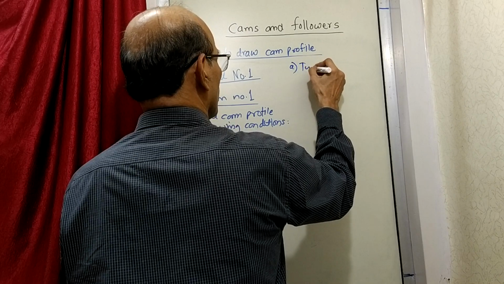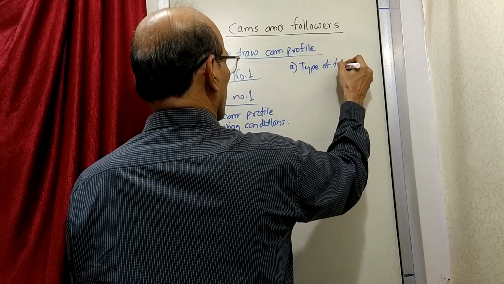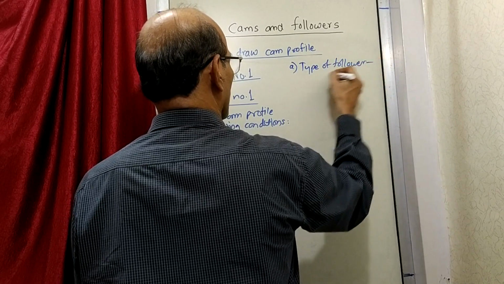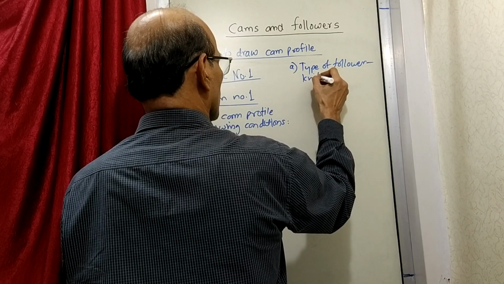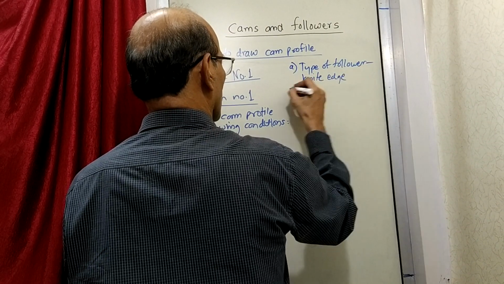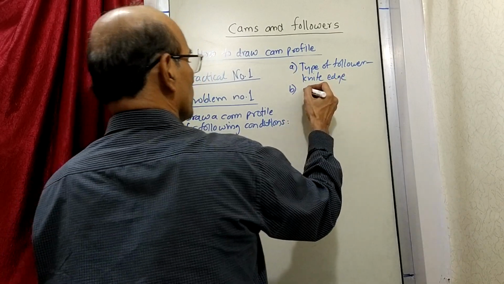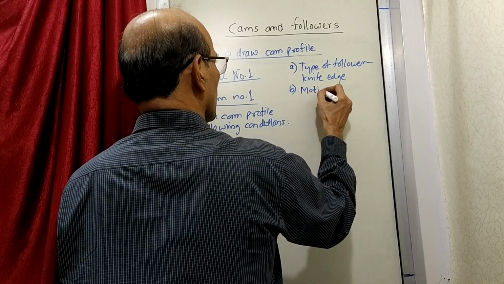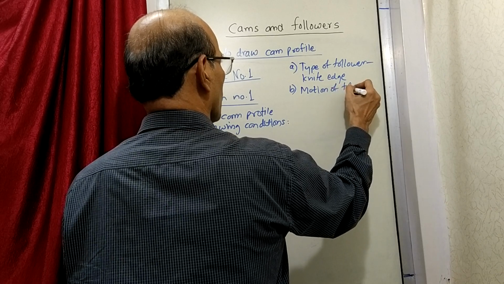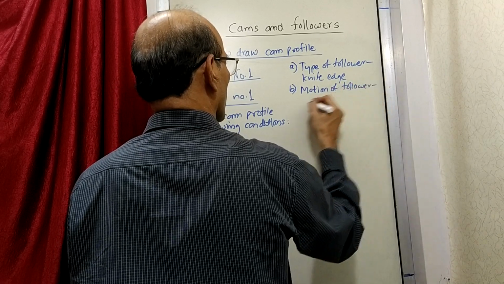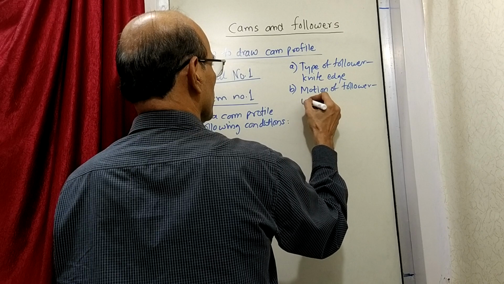Type of follower: knife edge. Motion of follower: uniform velocity.